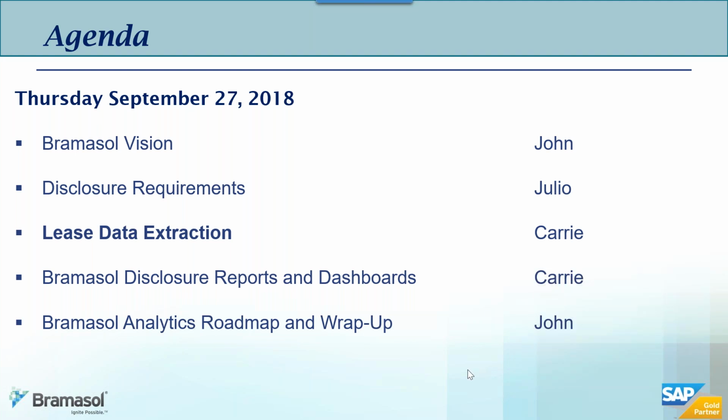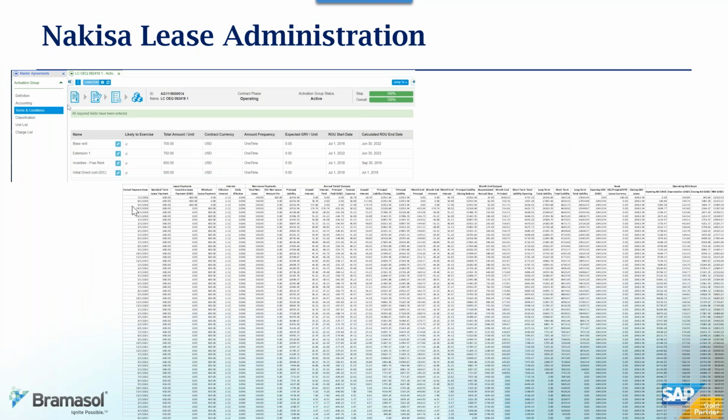So as Julio just mentioned, so much effort is put into the lease data extraction in order to get that data clean so that when you do run your reports and the analytics that you're going to see, then the information is correct. So whether it's Nakisa lease administration, that you've gone in and extracted the information from your leases, they are providing the raw data and the disclosure reports from that solution.